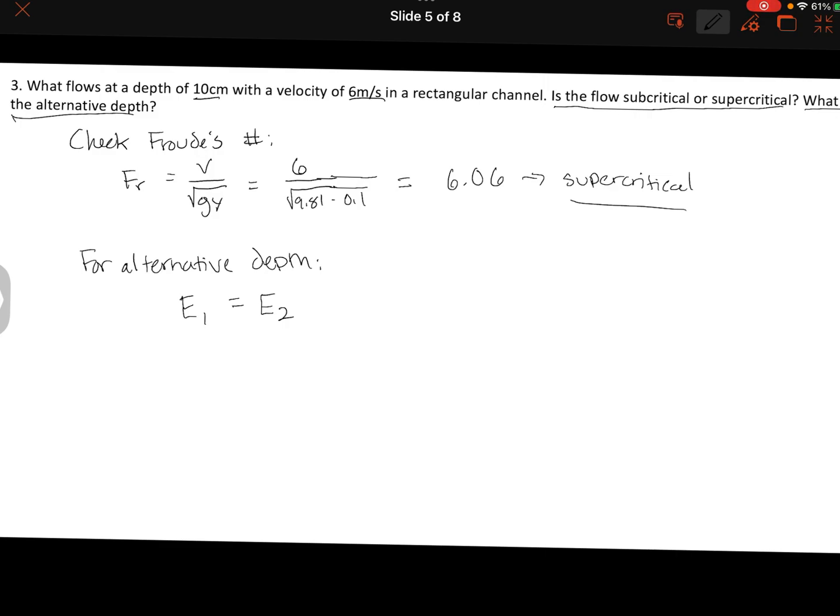So since E1 is going to be equaling E2 again here, we're going to end up with y1 of 0.1 meters, needs to be a plus sign, plus our velocity squared divided by 2 times the acceleration of gravity is going to have to be equal to y2 plus v2 squared divided by 2 times the acceleration of gravity.